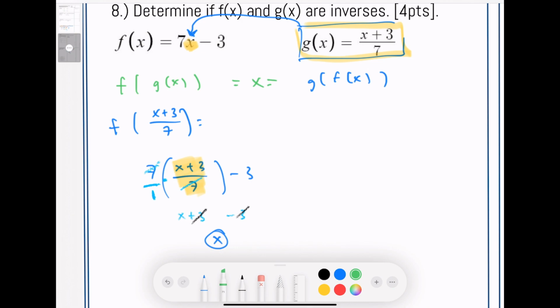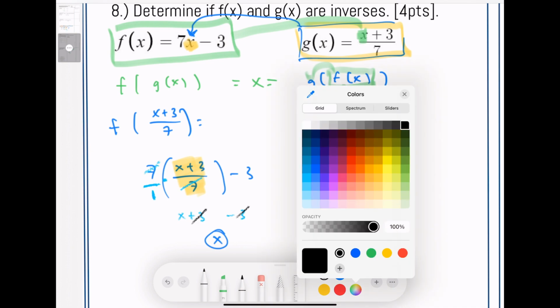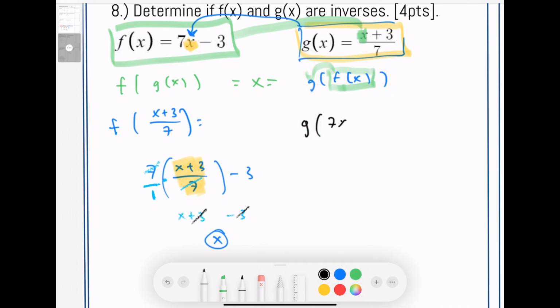This one is saying you're putting f into g. Put f into every x value. The notation we would write is g, and then the f is 7x minus 3. So every x value right there, we're going to put in 7x minus 3.